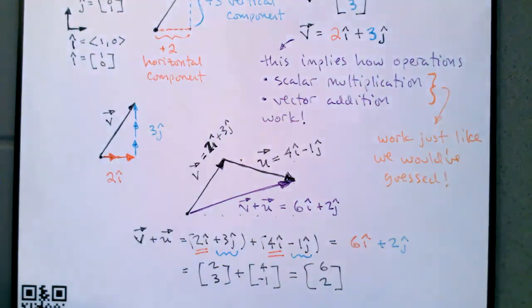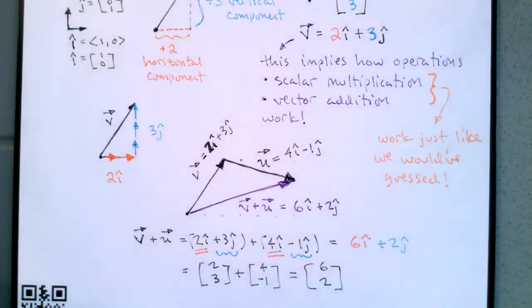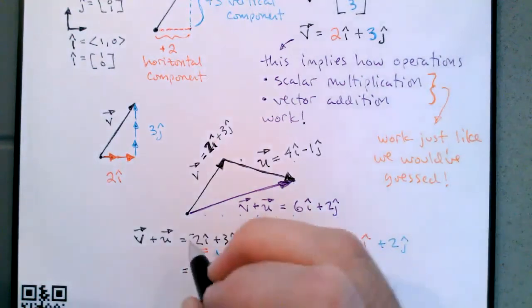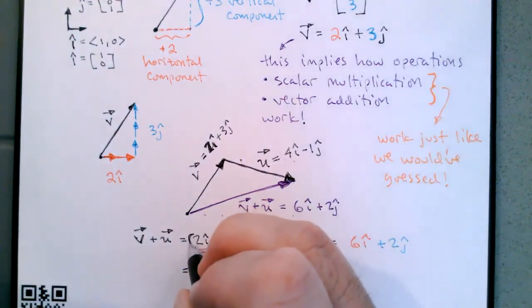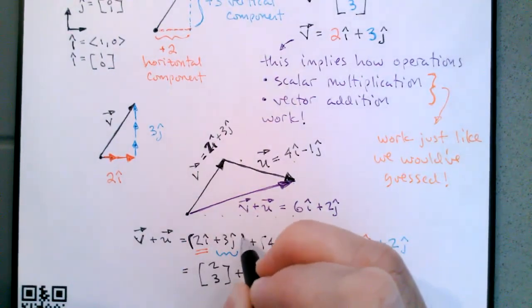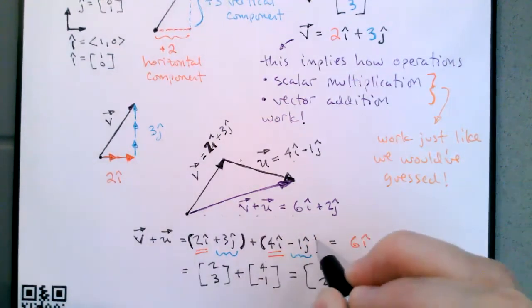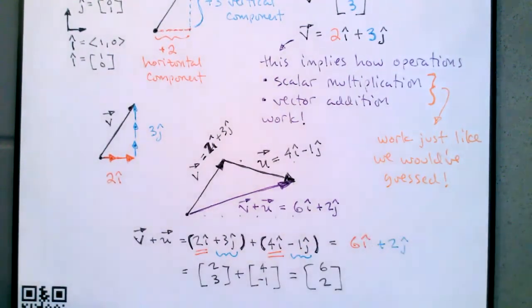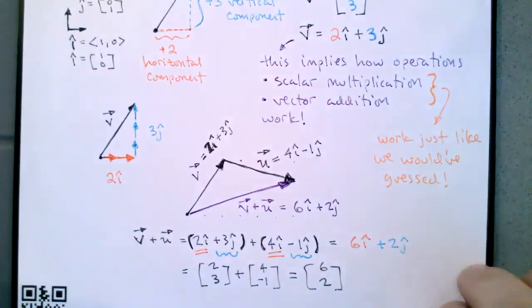So there's some other details of vectors that we need to talk about, some other pieces, some other terminology that we need to get through. Let's talk about the magnitude of a vector.